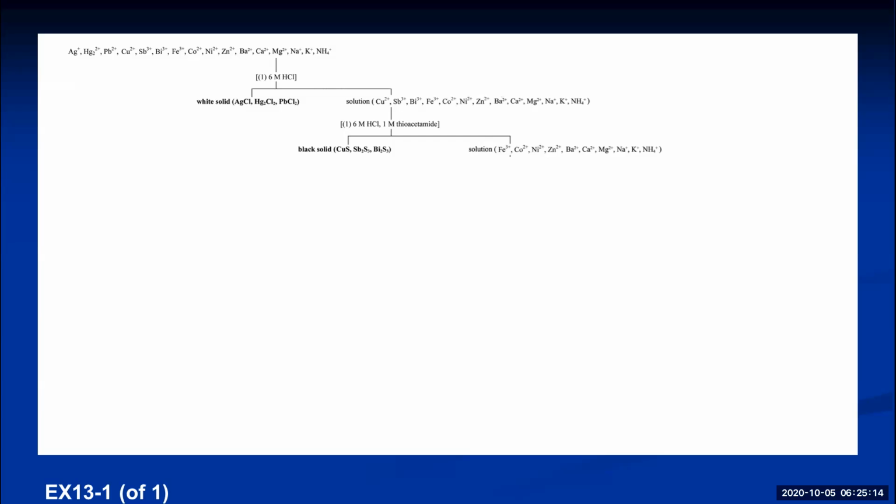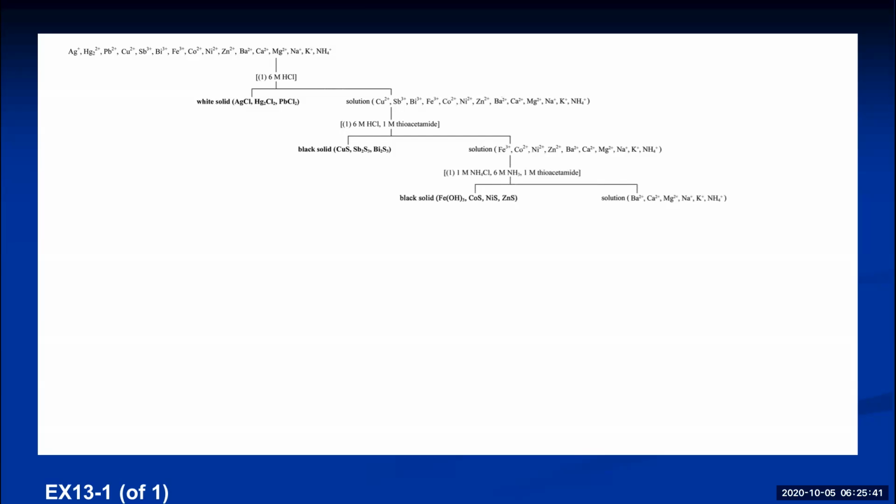In experiments 16 and 17, we're now going to take the remaining ions in solution on the very right of our flow chart and separate out the third set. This is the third qualitative analysis group, still with the same precipitating agent, hydrogen sulfide, but we're going to adjust the pH to be basic, which increases the sulfide concentration and precipitates out the rest of the ions that are insoluble with sulfide.